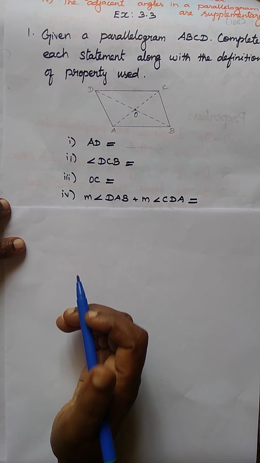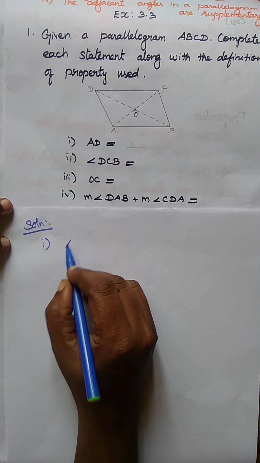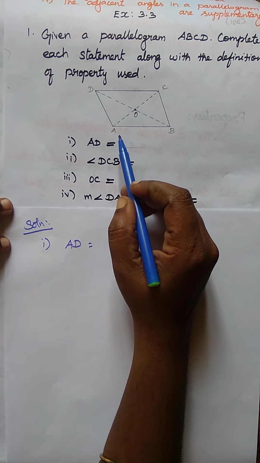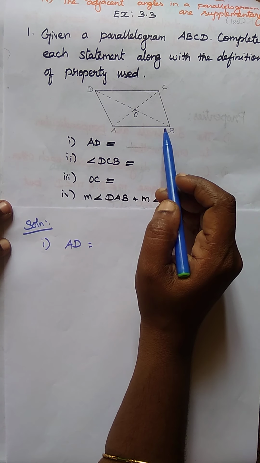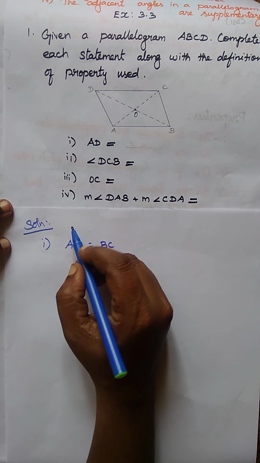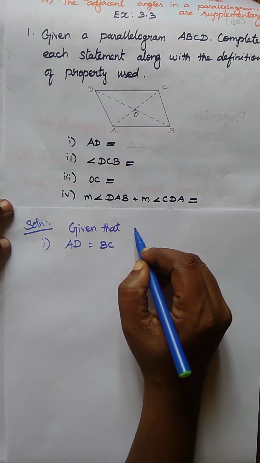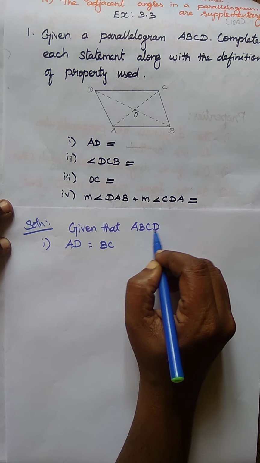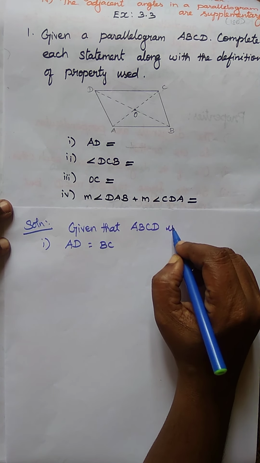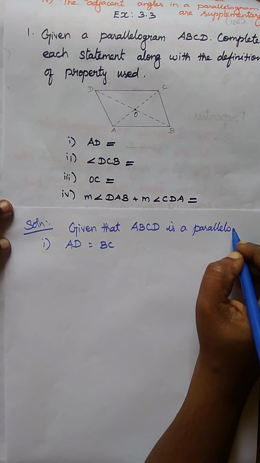Now we write the solution of that given question. The first subdivision, AD is equal to what? In this diagram, AD is equal to BC. First you write, given that ABCD is a parallelogram. So using the properties of a parallelogram, we write this answer.